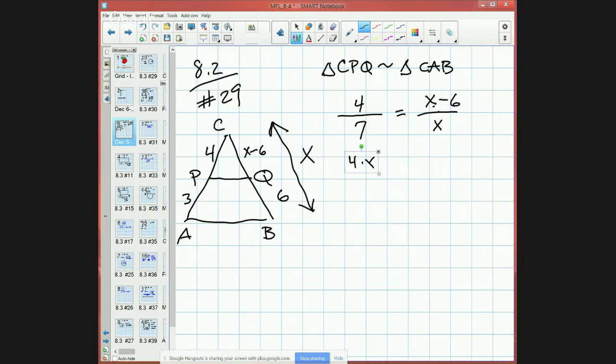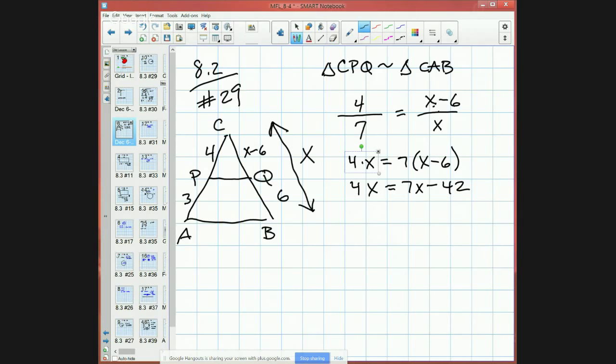4 times X equals 7 times X minus 6. Continuing to the right side, 7 times X minus 7 times 6.